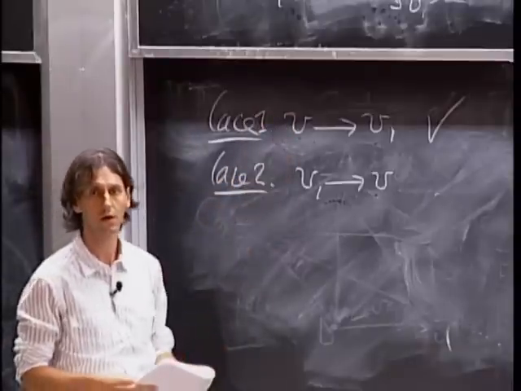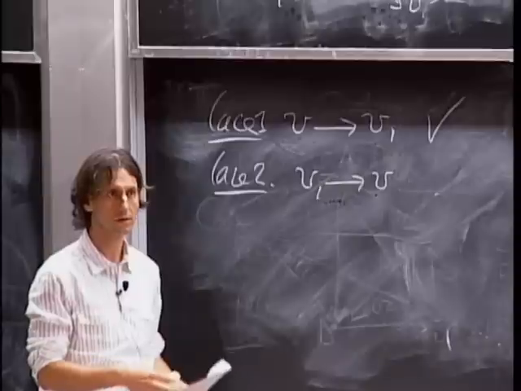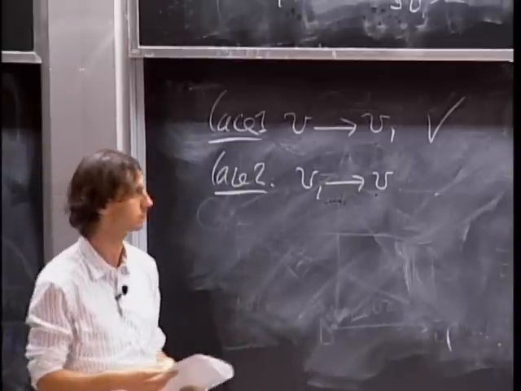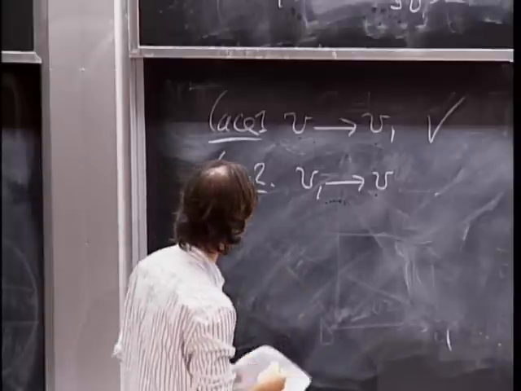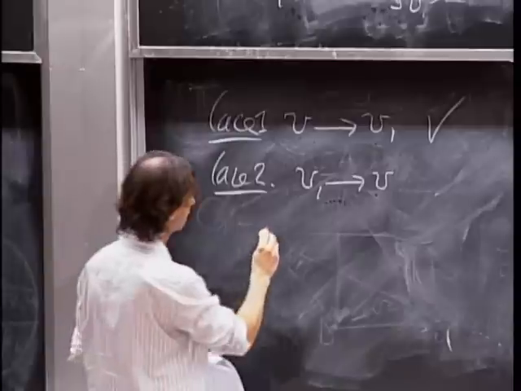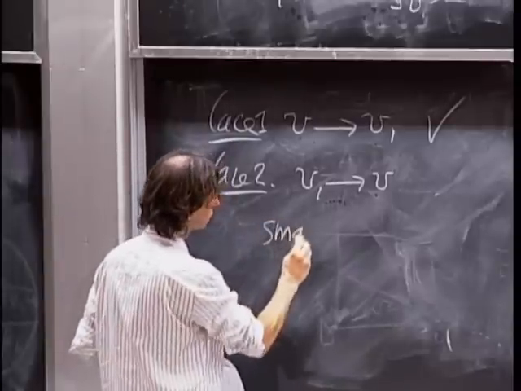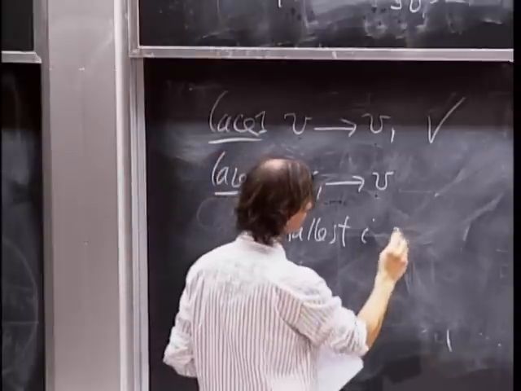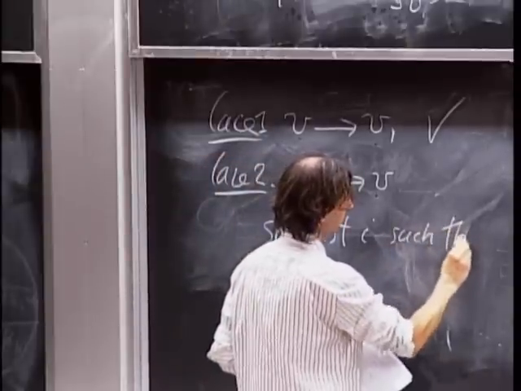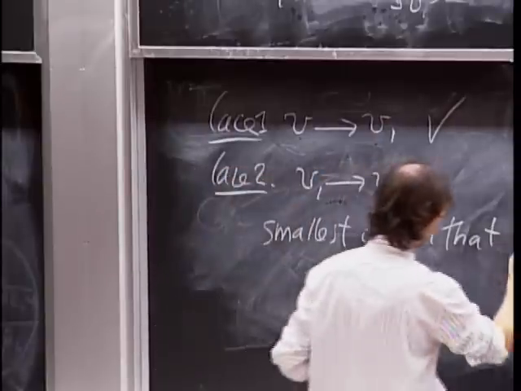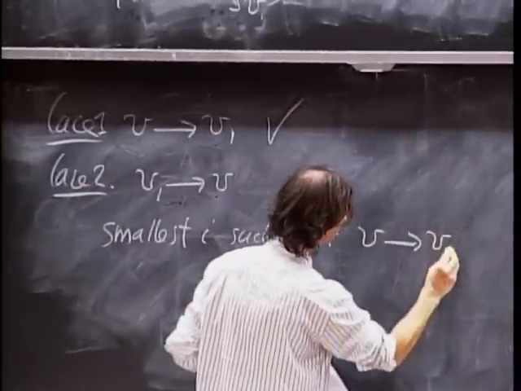And then we say, well, if something goes wrong, we violate that smallest condition. Okay, so let's do that here. Let's indicate a specific spot. So you were suggesting, let's consider the smallest i such that V beats Vi.